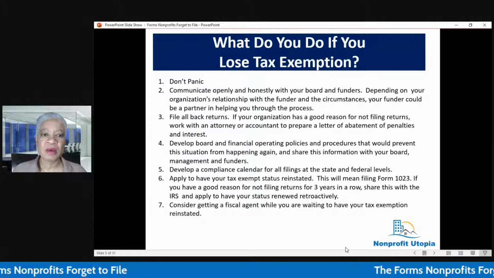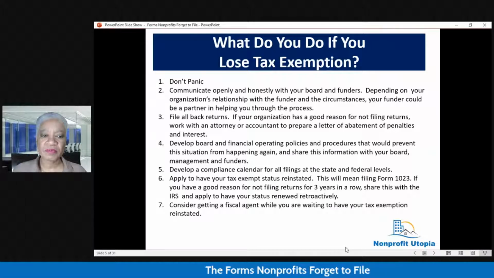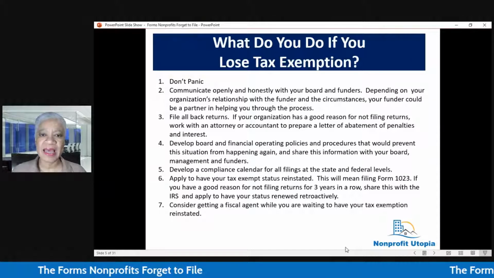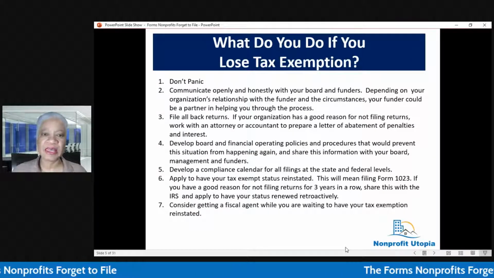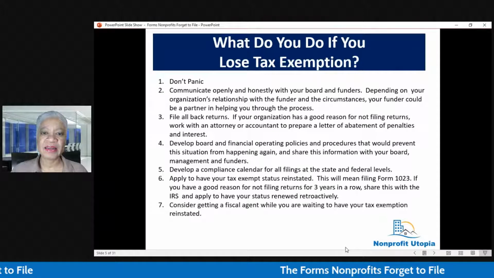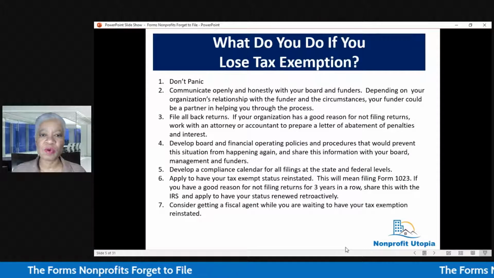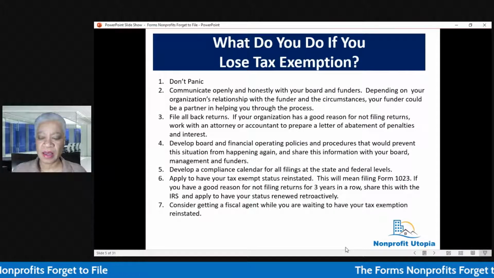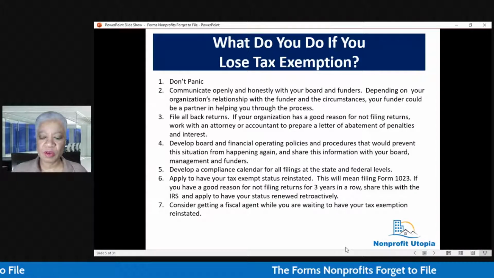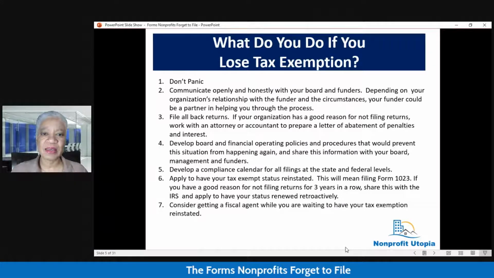You give them a good reason for not filing this form in time, and then you share with them a plan that you have, to keep it from happening again. And if they approve, then they will withdraw their action. They won't charge you any money. But if you don't file, you will definitely have to pay late fees, penalties, and interest.